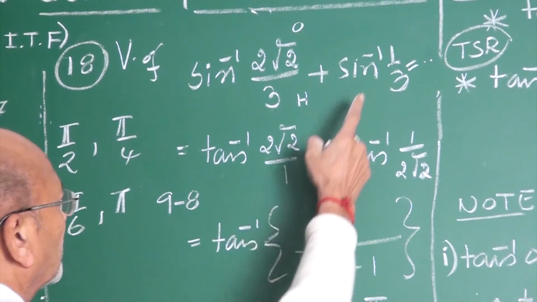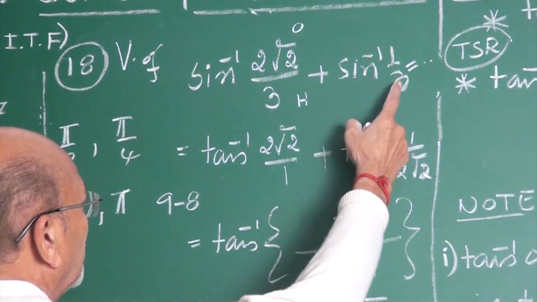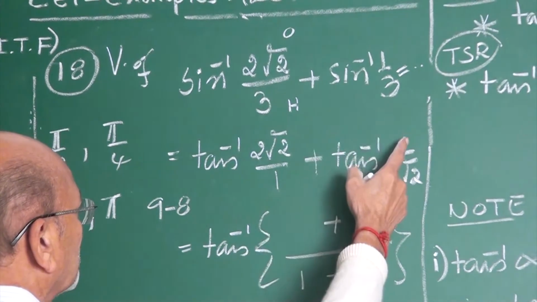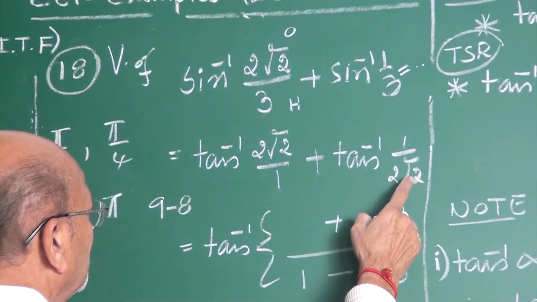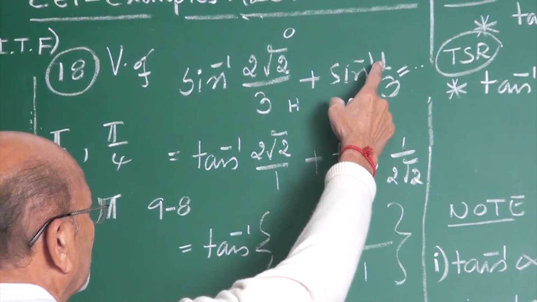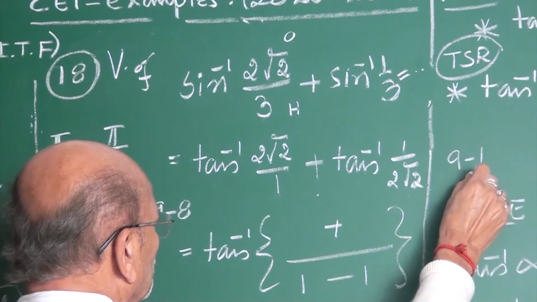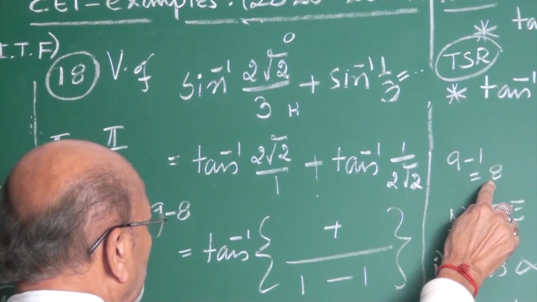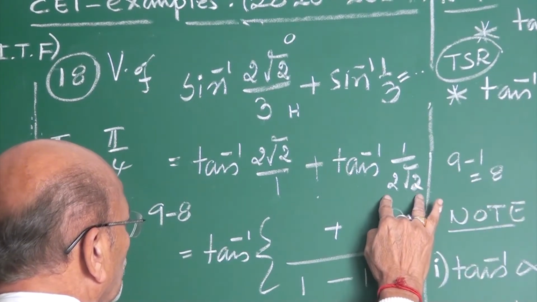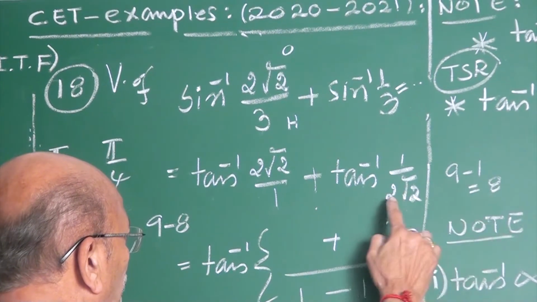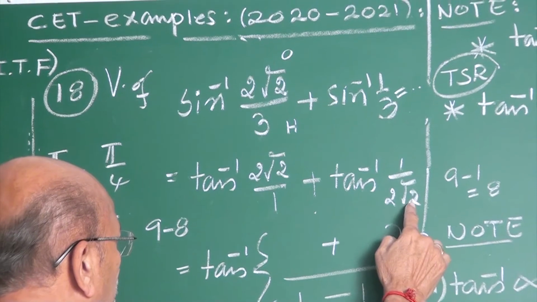Plus, once again, opposite, hypotenuse, tan inverse, opposite, adjacent you have to find. 9 minus 1 means 8. Root 8 is 2 root 2.